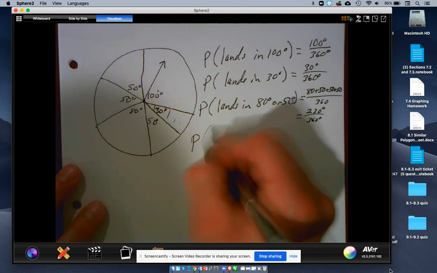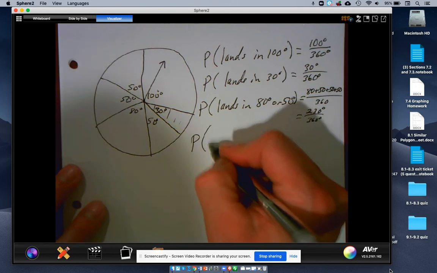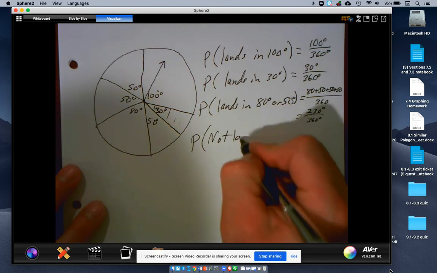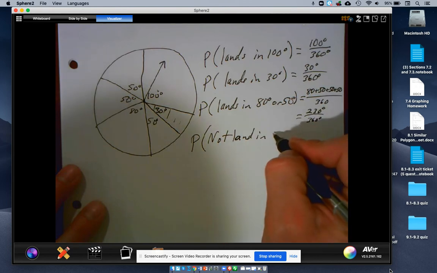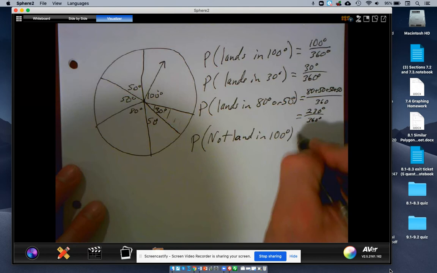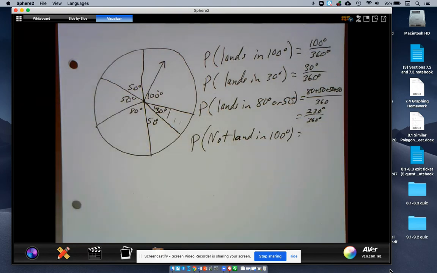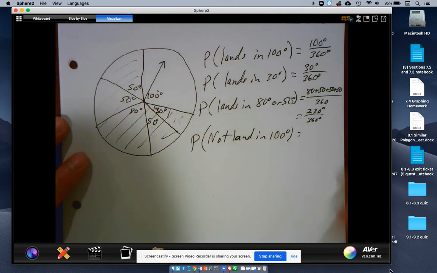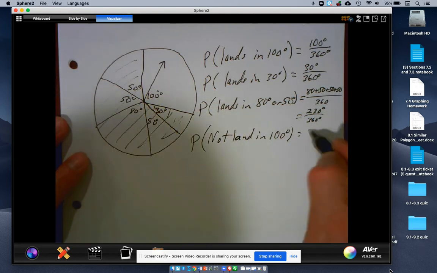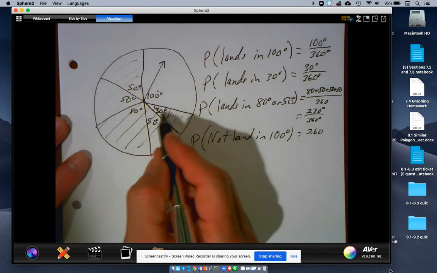Last one, probability that it does not land in the 100. Well, that means my successes are all the rest. So if I added all those up, I'd have 260, because it doesn't land here.